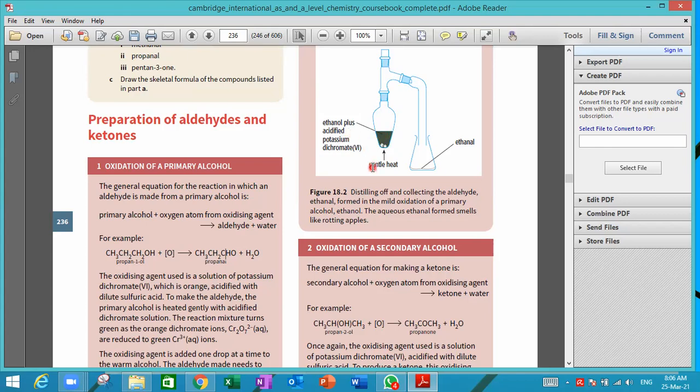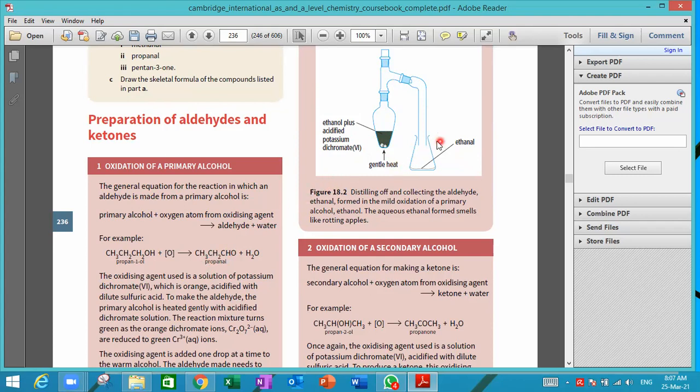We gently heat it, and we put here what we call a still head, and then connect it directly to a condenser in order to condense the aldehyde formed. For example, if we started with ethanol, we obtain the ethanal directly by just gentle heating. Because if we do strong heating, this will change the aldehyde formed into a carboxylic acid.